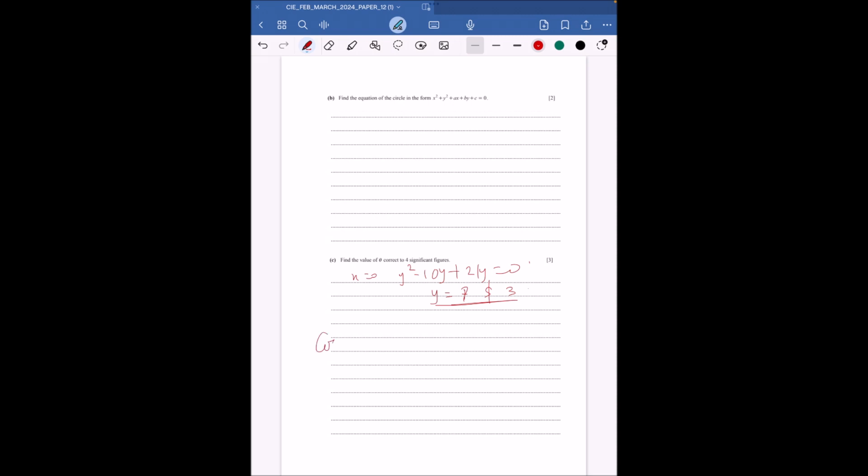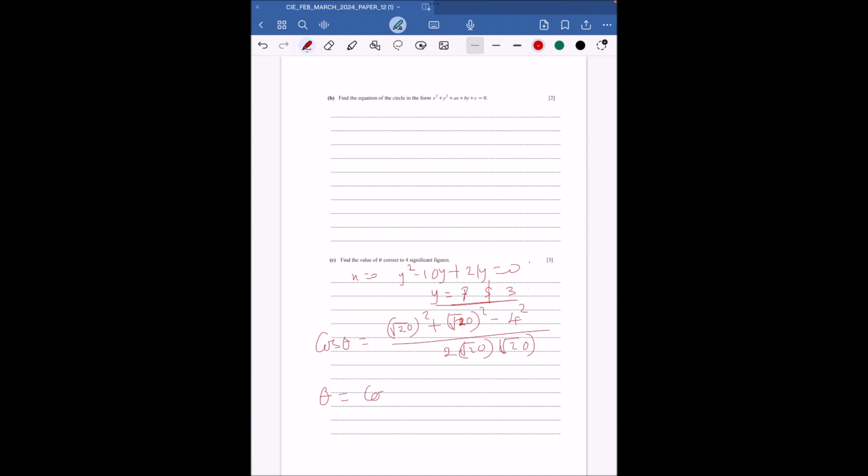So I'll just use cosine rule, which is square root of 20 squared plus square root of 20 squared minus 4 squared over 2 square root of 20 square root of 20.